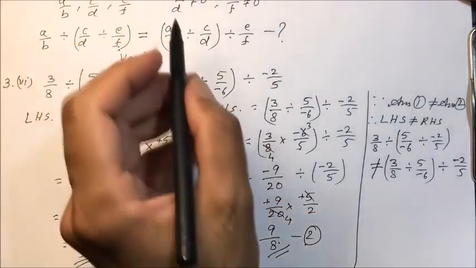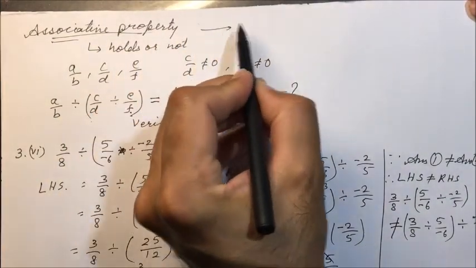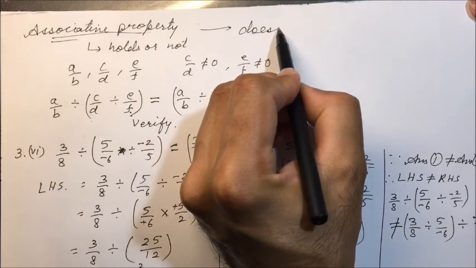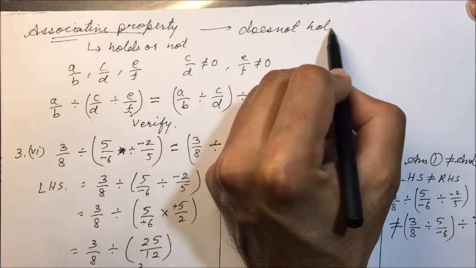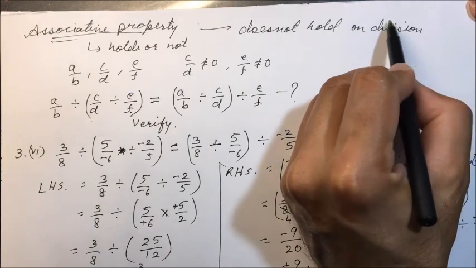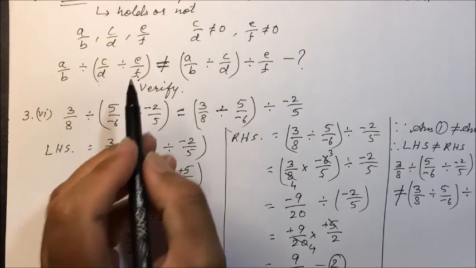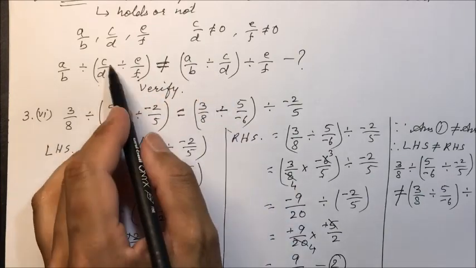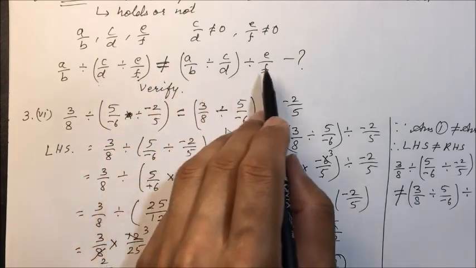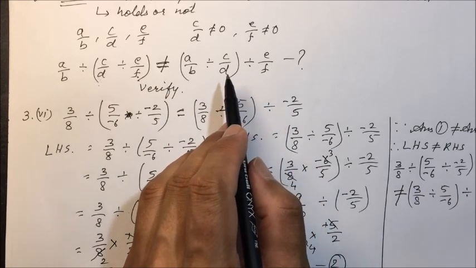So associative property does not hold on division. They are not equal. Division does not follow associative property.